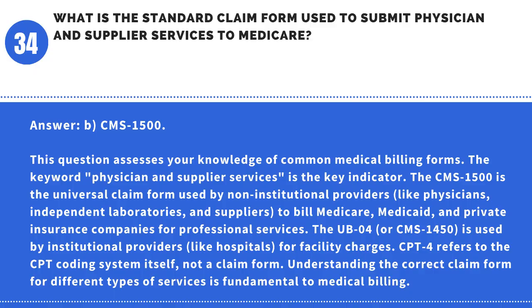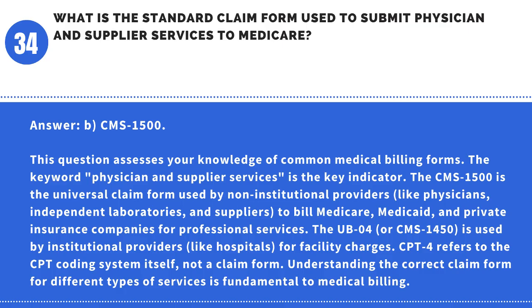Answer B. CMS-1500. This question assesses your knowledge of common medical billing forms. The keyword physician and supplier services is the key indicator. The CMS-1500 is the universal claim form used by non-institutional providers like physicians, independent laboratories, and suppliers to bill Medicare, Medicaid, and private insurance companies for professional services.